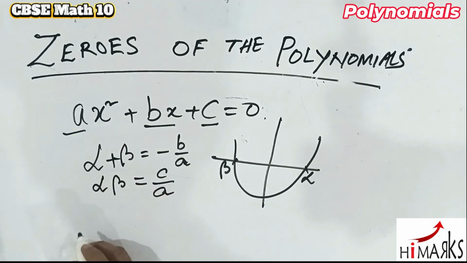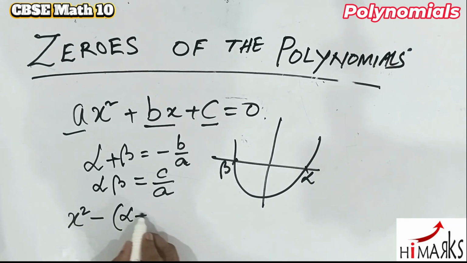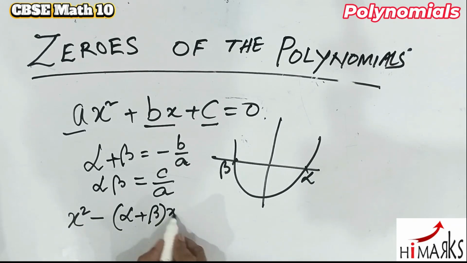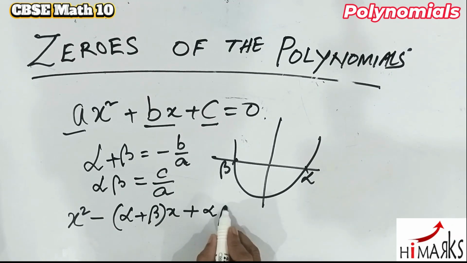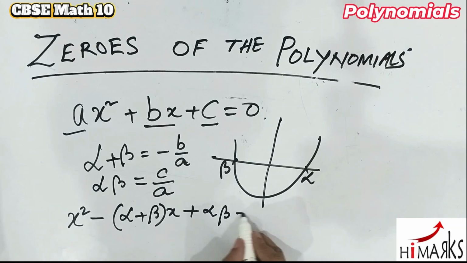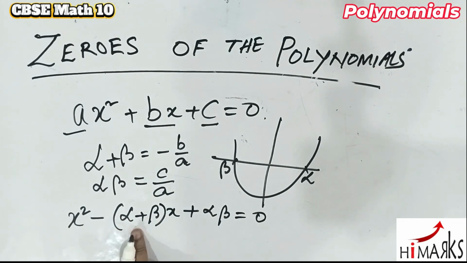The equation will look like x square minus (alpha plus beta) into x plus alpha beta equal to 0. If you put alpha plus beta equal to minus b by a and alpha beta equal to c by a, you will get it back.